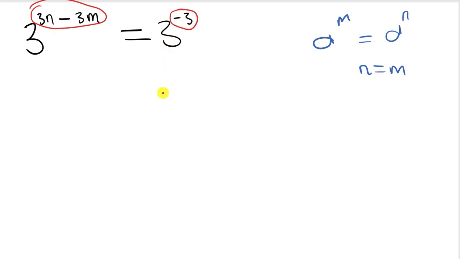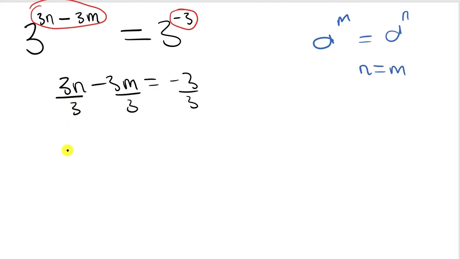All right, so we are going to have 3n minus 3m being equal to negative 3. There's a common factor which is 3, so we can divide through. So we divide this by 3, this by 3, and this by 3. And this is going to give us n minus m being equal to negative 1.